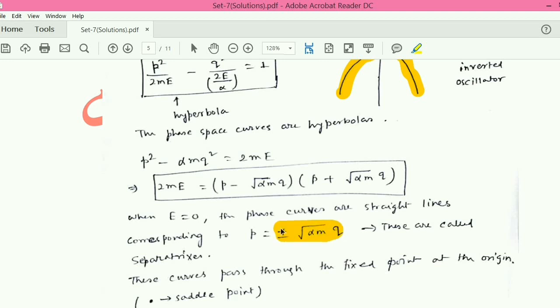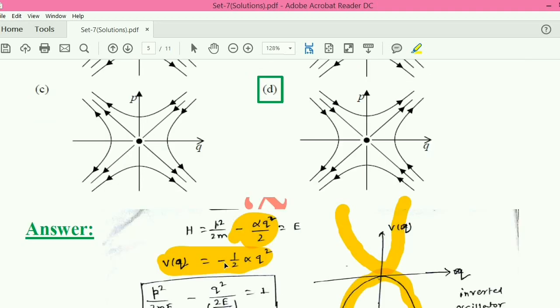These are basically the equations of straight lines. They are not intersecting each other. As you can see, the dot sign is here. This point is called the saddle point. Phase space trajectories do not intersect each other; that's a basic property of phase space trajectories.